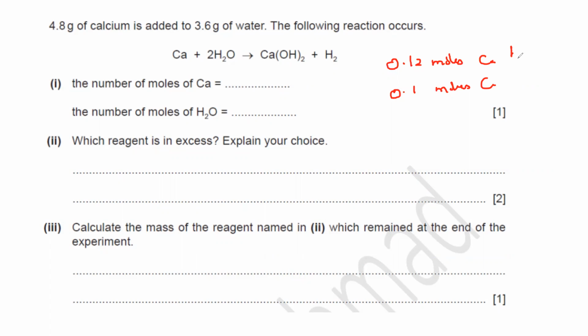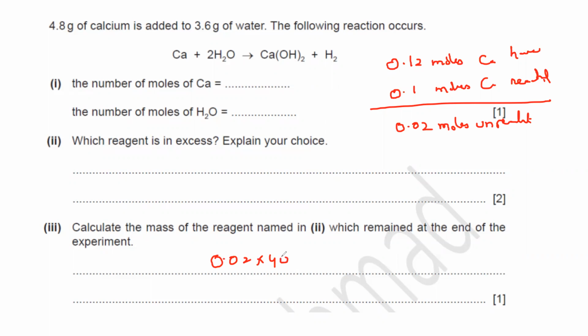So this is what we have, the total, and this is the amount which is reacted. So how much will be unreacted? How many moles will not react? When we subtract 0.12 minus 0.1, 0.02 moles will be unreacted. And these 0.02 moles multiplied by the atomic mass of calcium will give us the mass in gram, which is 0.8 grams of calcium unreacted.